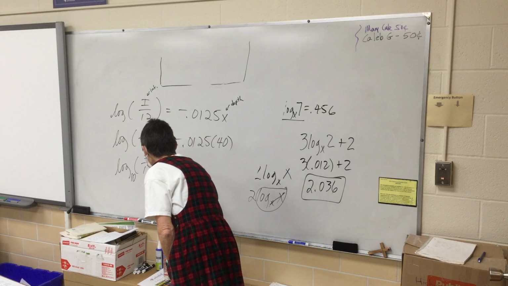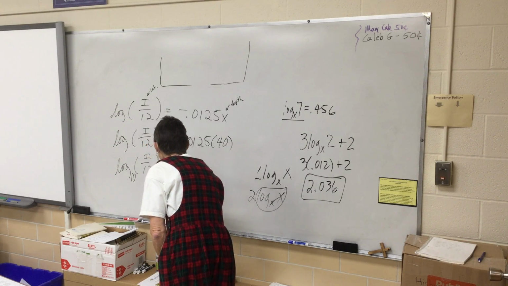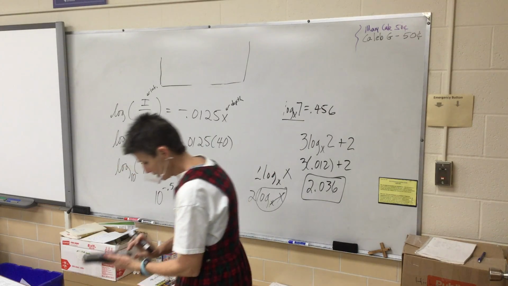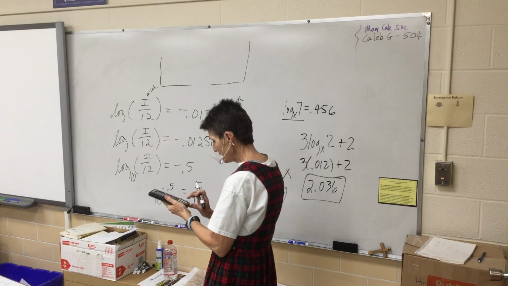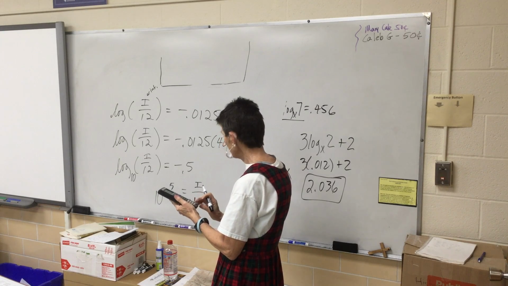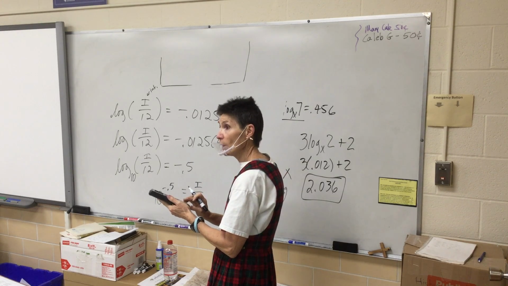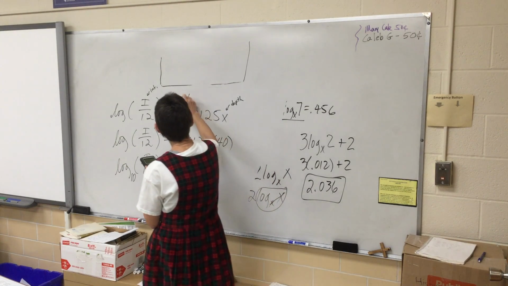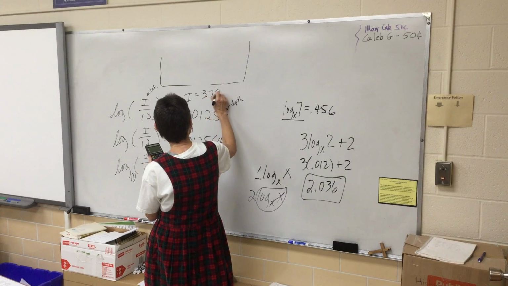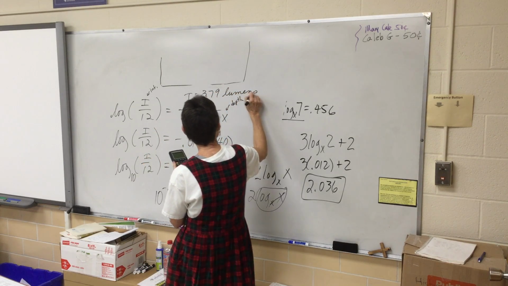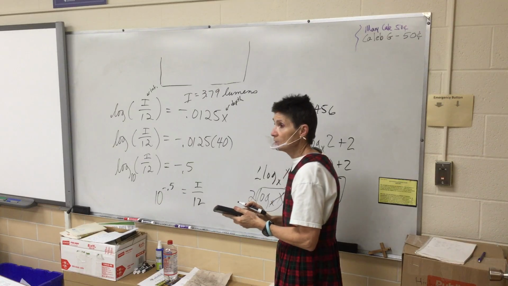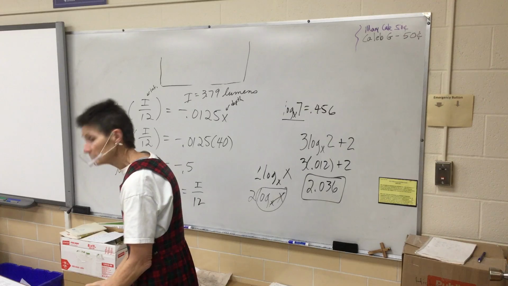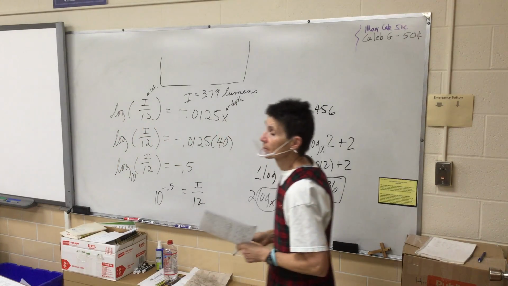So he says 10 to the negative 0.5 is I over 12. So I'll type 10 raised to the negative 0.5 power, and then multiply that by 12. And the answer is 3.79 lumens. I'm not sure how I'm supposed to be rounding, so I'll just say 3.79 lumens, because that's the unit that's given in the problem. Okay, Grace, does that make sense?